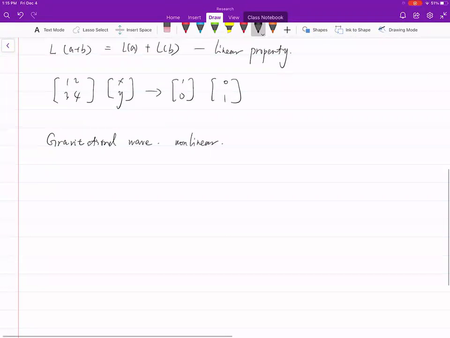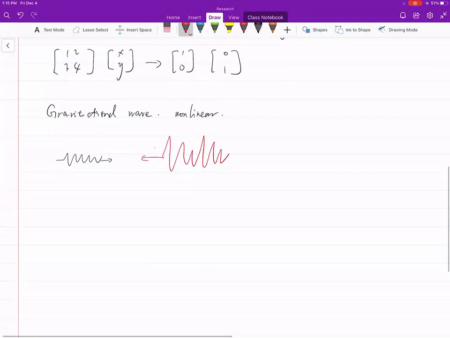Okay, so the idea you can think about is like this. If you have a regular wave coming from the left, and another wave coming from the right, when they meet each other, they will actually start to interact and have something which is a combination of both.